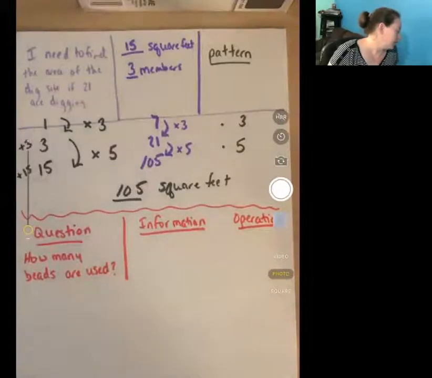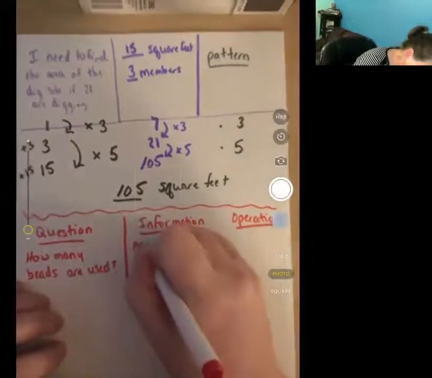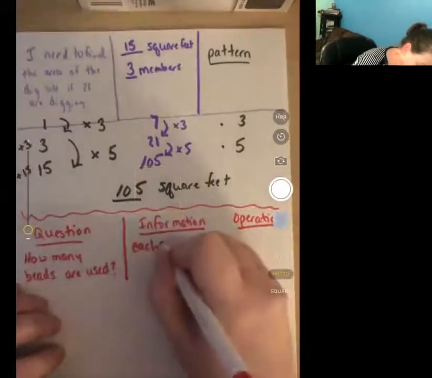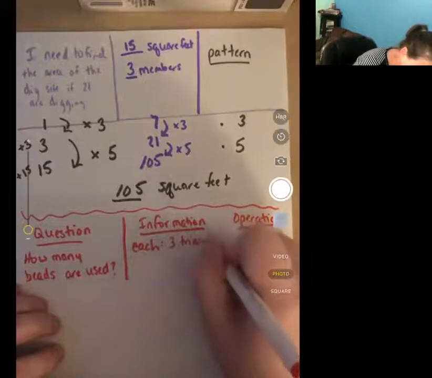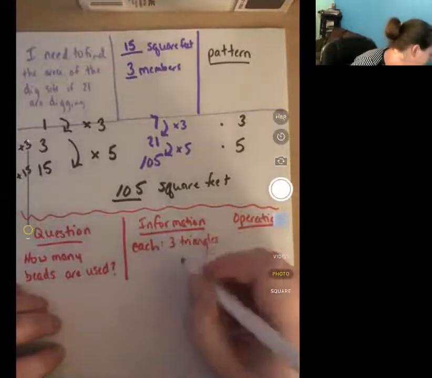Information. We know there are each 3 triangles and 18 beads.